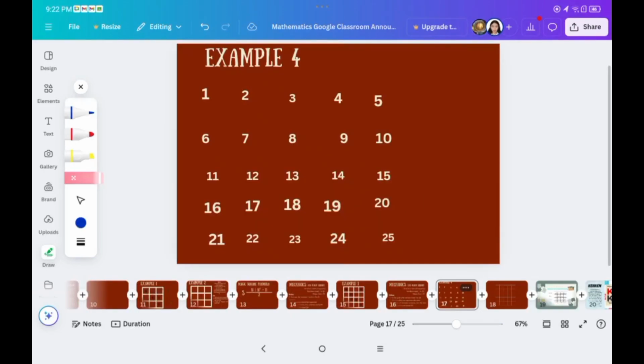So ngayon, magsasolve tayo ng magic square na 5 by 5 dahil tapos na tayo sa 3 by 3, 4 by 4. Ngayon, sa 5 by 5 na tayo. Madali lang to, promise. May gagawin lang tayo na tricks. Drawing tayo ng diamond.